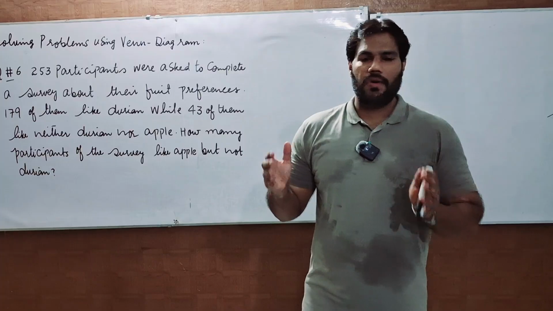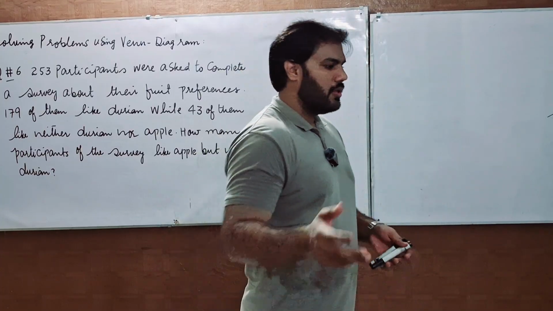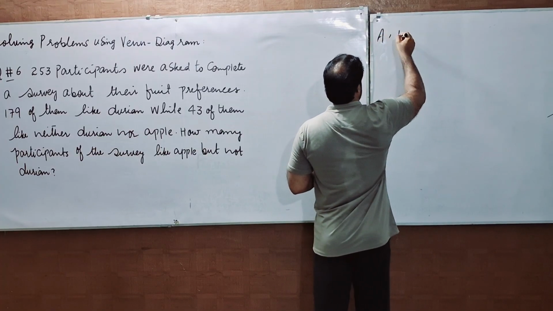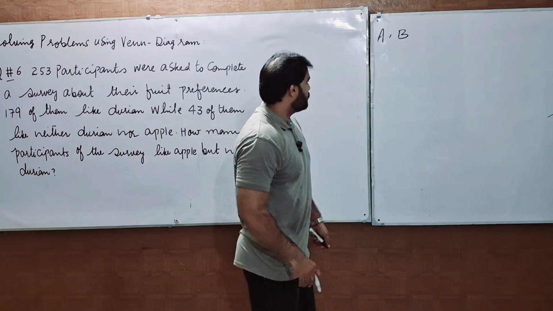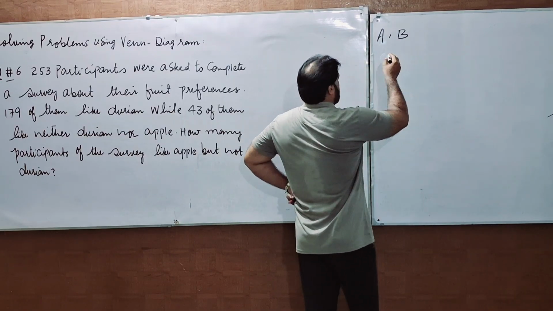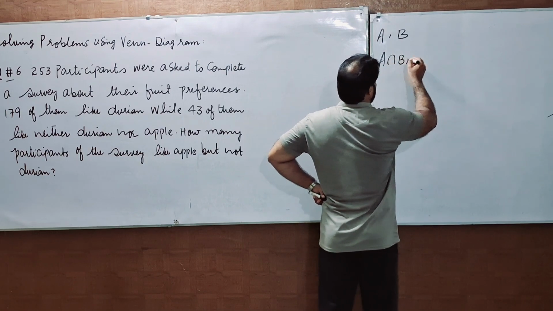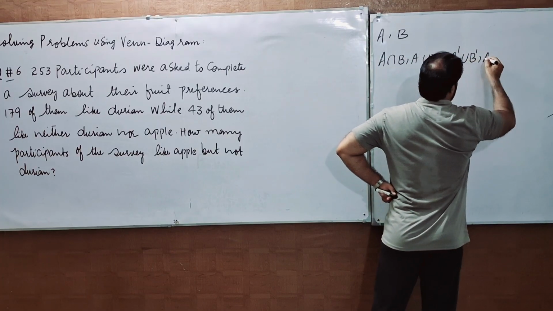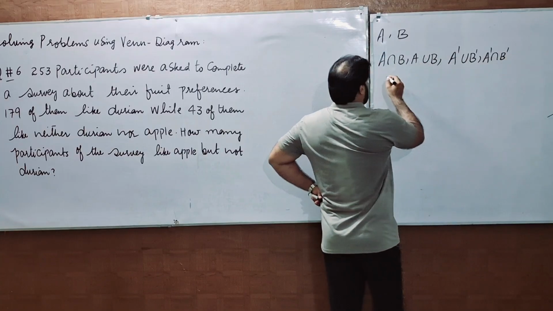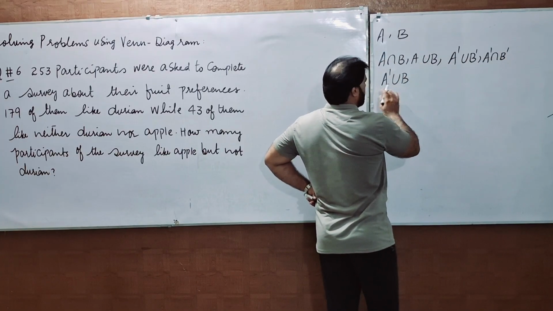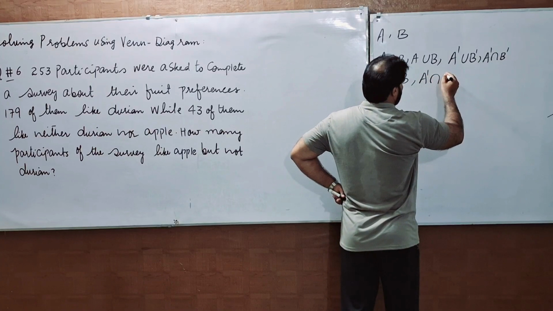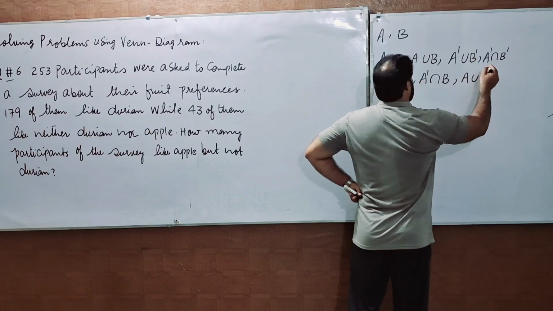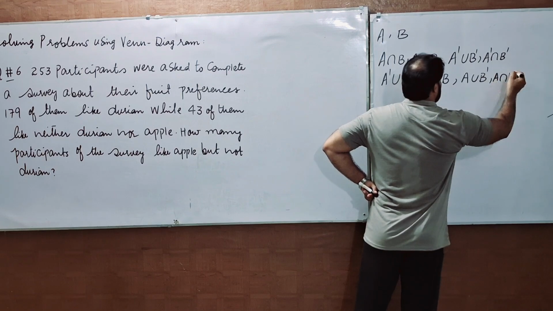When we discuss word problems related to Venn diagrams, in the case of two sets, suppose we have two sets A and B, then it is possible that we have to find their intersection, their union, the union of their complements, the intersection of their complements, the union of the complement of the first set with the other, the intersection of the complement of the first set with the other, similarly the union of the first set with the complement of the other, and the intersection of the first set with the complement of the other.